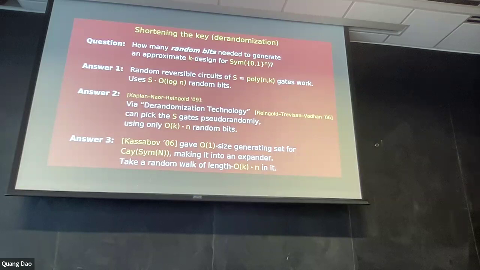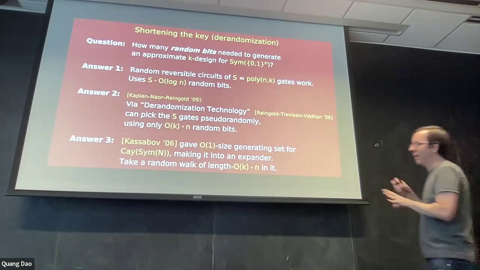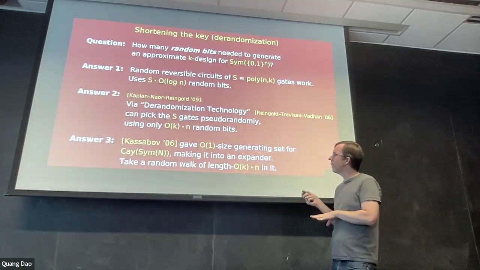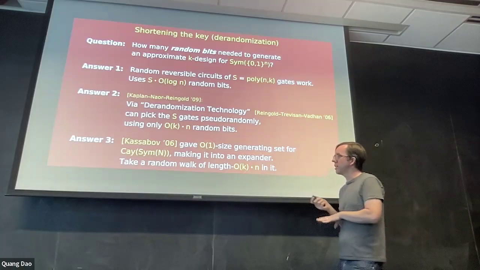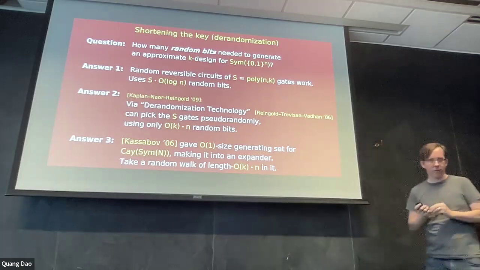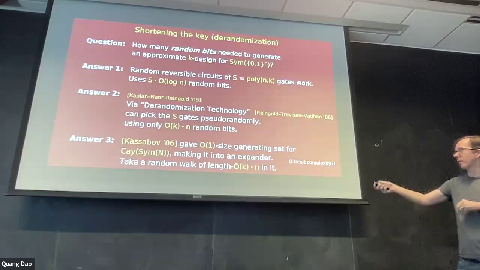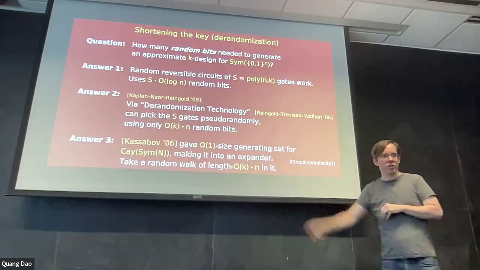I'm not totally sure of the details because you also want them done with reversible circuits. Maybe recently people have even shown that these Kassabov generators can be done with order n size. So the question here is: what is the circuit complexity of this generator?